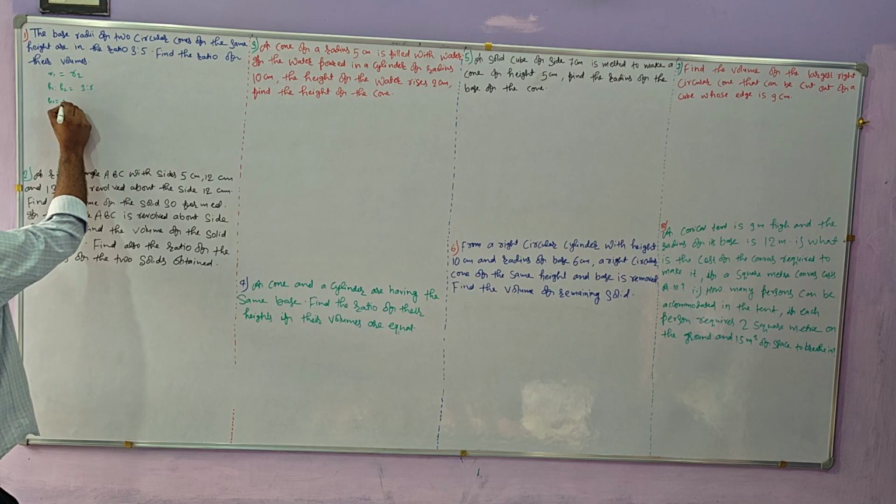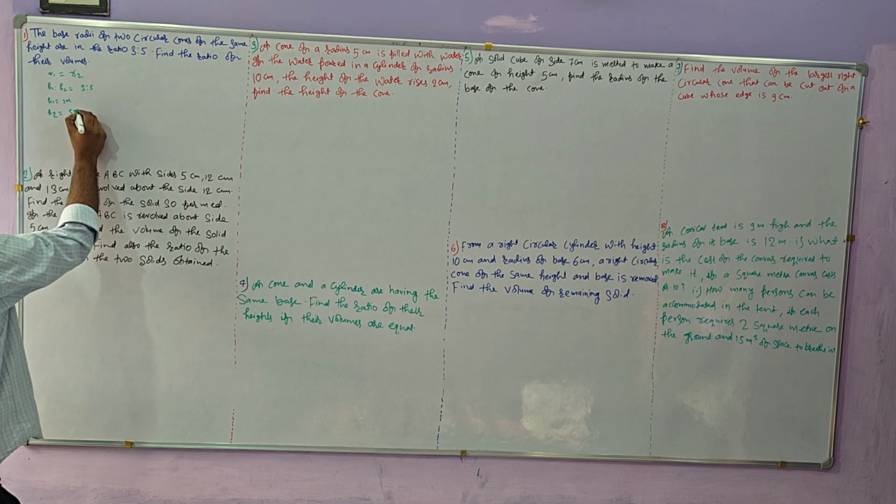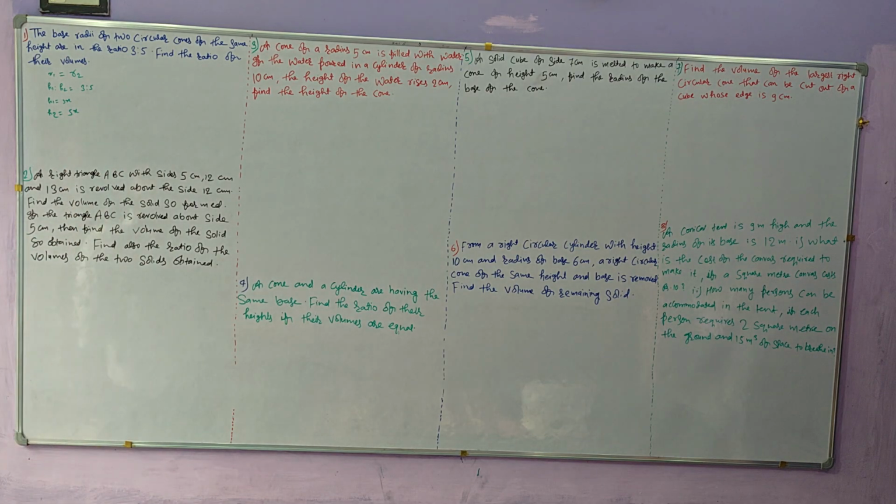That means H1 is 3x, and we consider H2 is 5x. And we need to find out the volume of this.